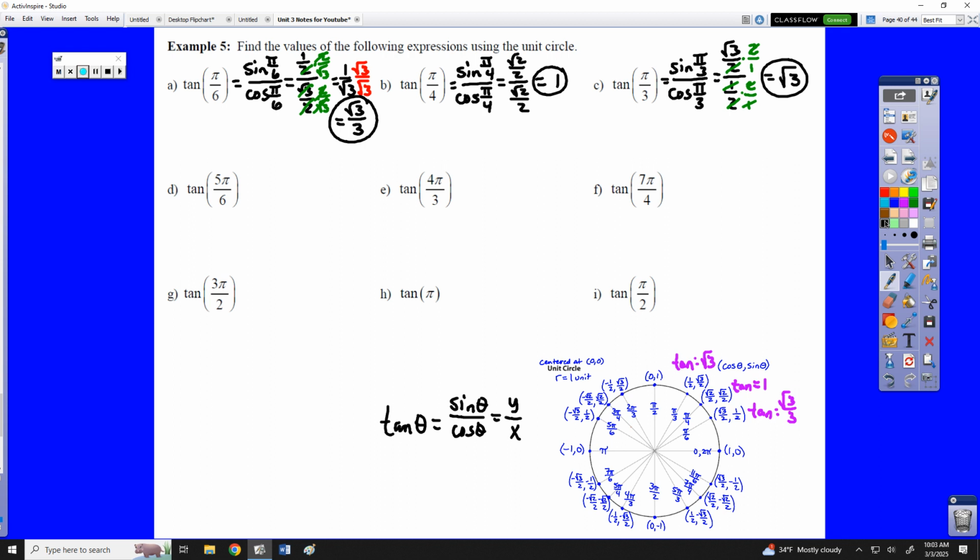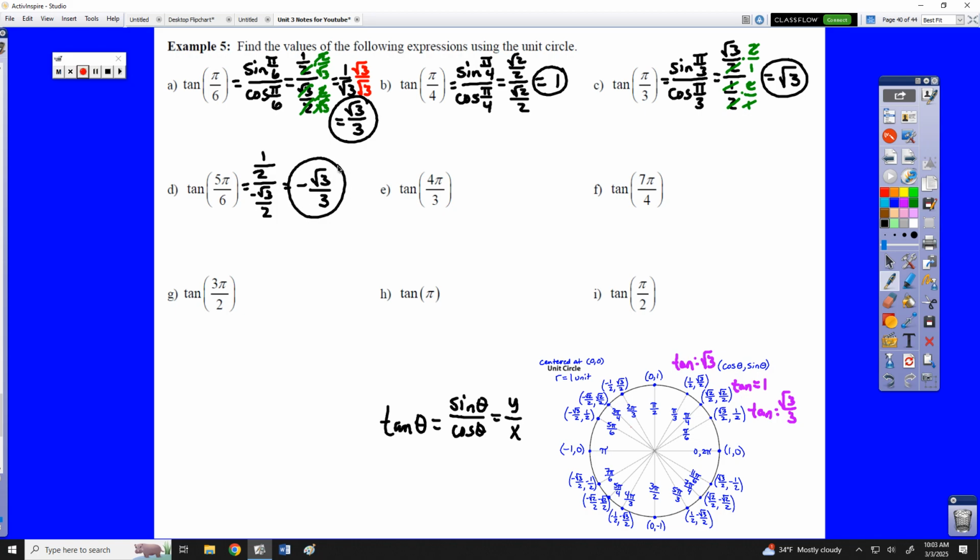All right, so the tangent of 5 pi over 6, well, that is the sine of 5 pi over 6 divided by the cosine of 5 pi over 6. That would be 1/2 divided by negative root 3 over 2. We saw that math earlier. We know that that is equivalent to root 3 over 3.